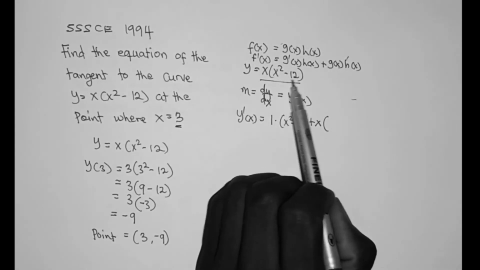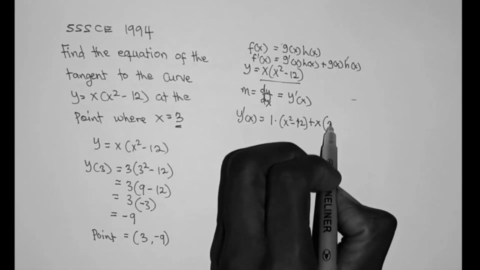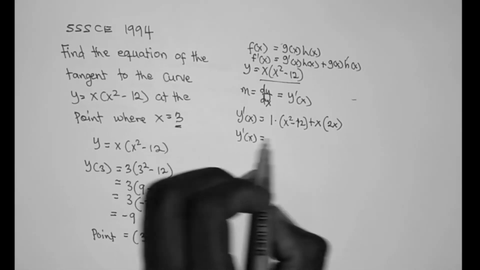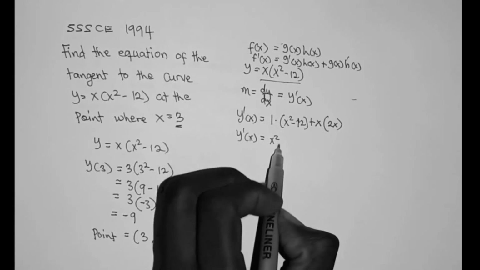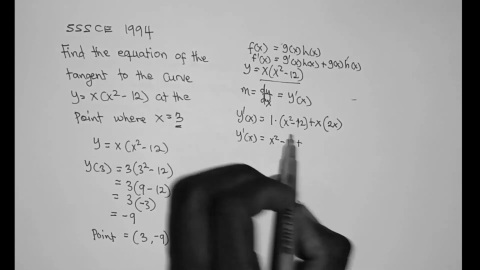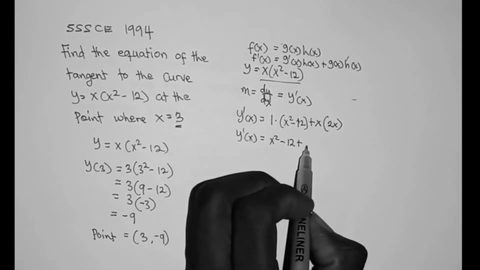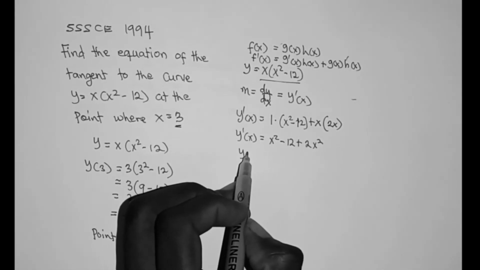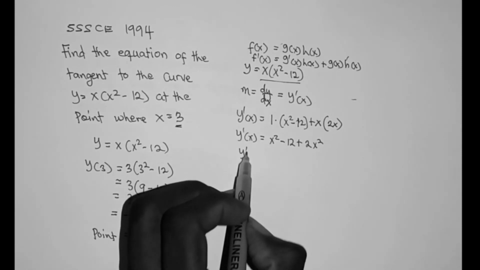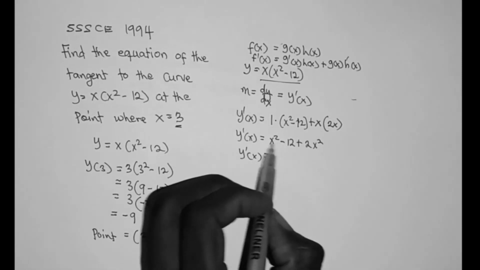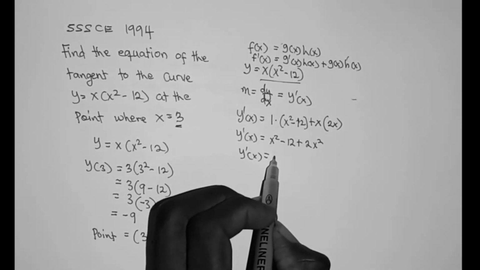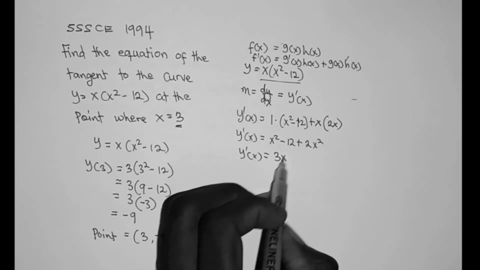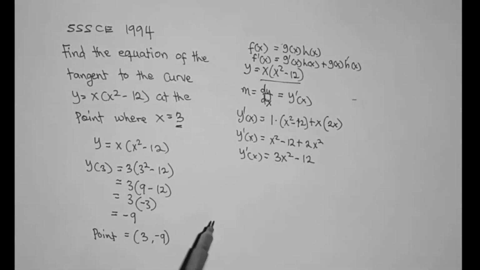If you differentiate x squared minus 12, you get 2x. So y prime of x is equal to x squared minus 12 plus x times 2x, which is 2x squared. So y prime of x is equal to x squared plus 2x squared, which is 3x squared, so this is 3x squared minus 12.